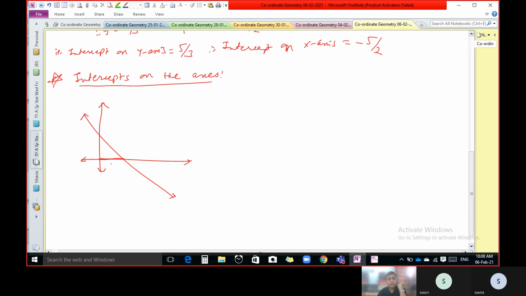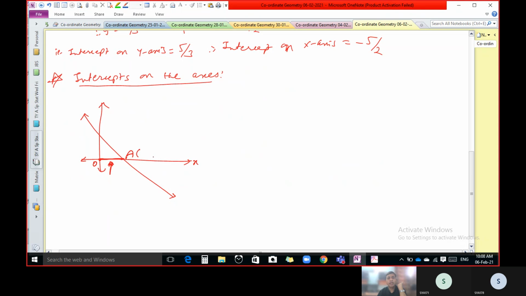This part is known as the intercept on x-axis. So the distance from the origin to the intersecting point is the intercept on x-axis.